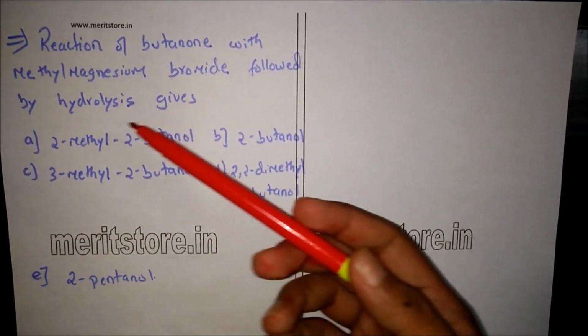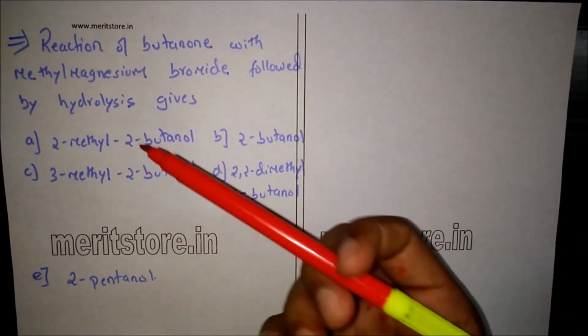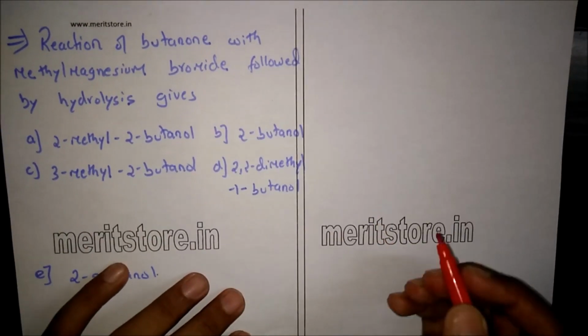Reaction of butanone with methyl magnesium bromide followed by hydrolysis gives. Here are the options. Now let's look at the reaction.